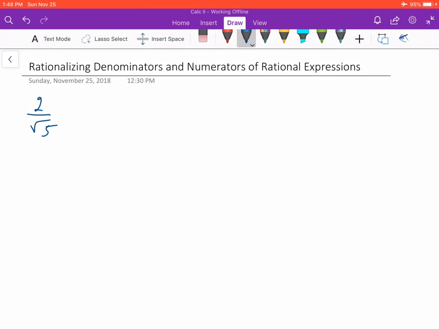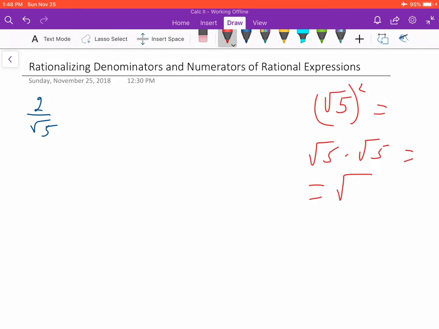So before that, let's do some drafting on the side. How much is square root 5 squared? That is equal to square root 5 times square root 5, yes? That is equal to square root 25, yes? And that is equal to 5. So every time you have a radical squared, the result is the number inside.